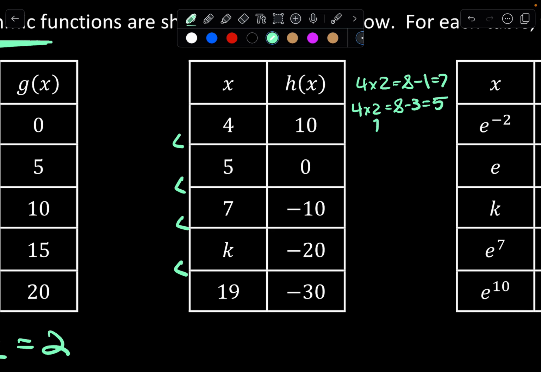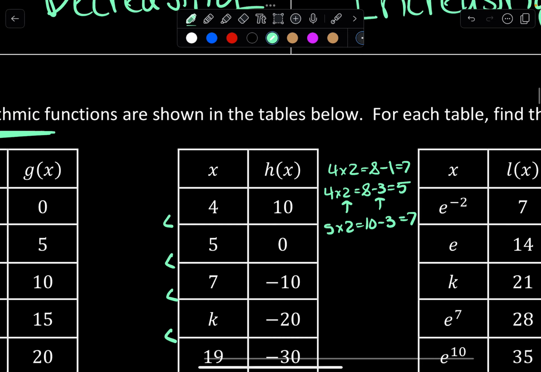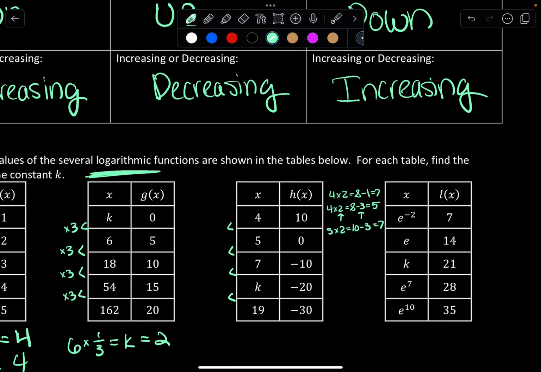Let's try that again. So I'm multiplying by 2, and then I'm subtracting 3. So let's do it with 5. So I have 5 times 2 is equal to 10, minus 3 is equal to 7. So if it works for 2, then we know that it's going to work for the rest of the table because it's logarithmic. They're not asking us, is this a logarithmic function? They're telling us what it is.